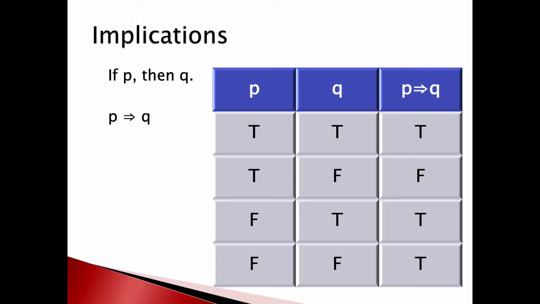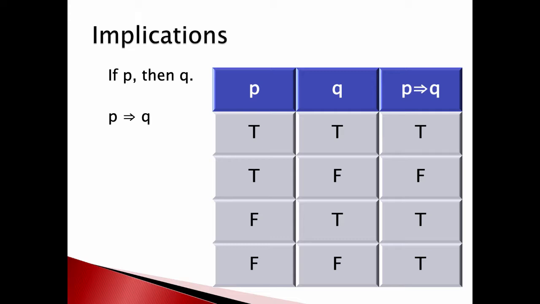So it's because there's no real meaning to the first part of the if. So if the sky were green, then I will make an A on the next test. Okay? That's a true statement because the if the sky is green part is false, so whatever comes after it will make this a true statement.